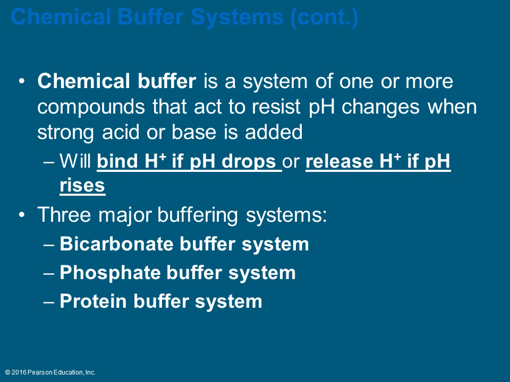You want it to remain fairly constant. So within the human body, there's three main buffering systems to try to help keep the pH within this healthy range of 7.35 to 7.45 in the arterial pH. The three main buffering systems are the bicarbonate buffer system, the phosphate buffer system, and the protein buffer system.